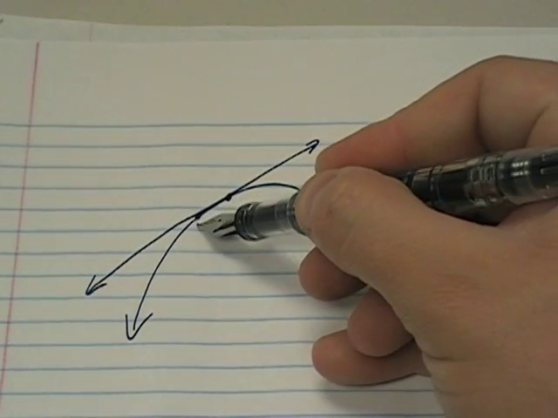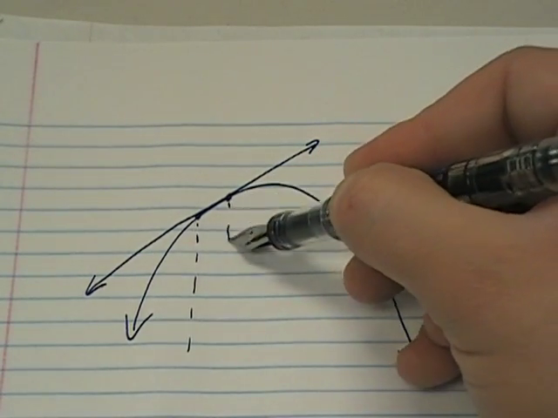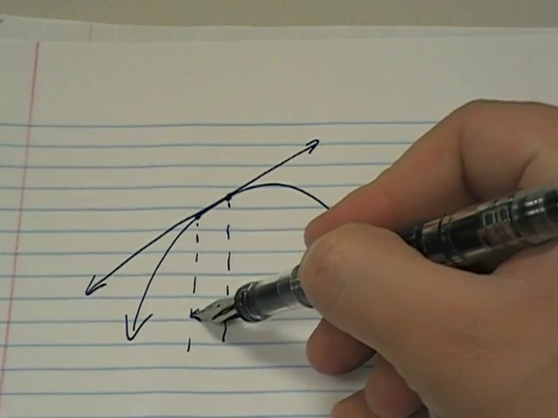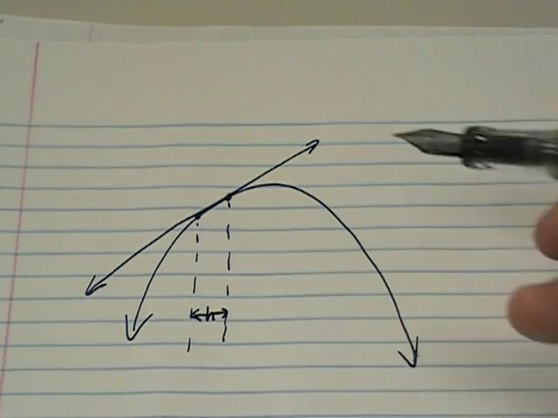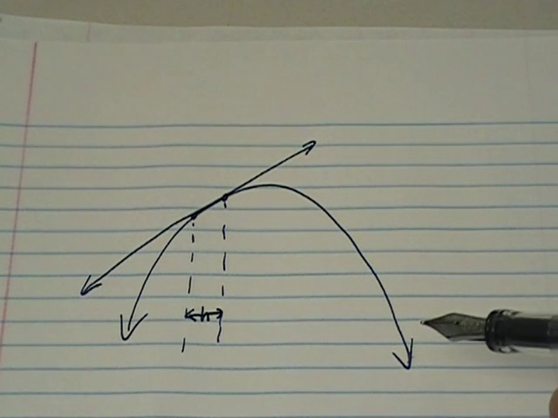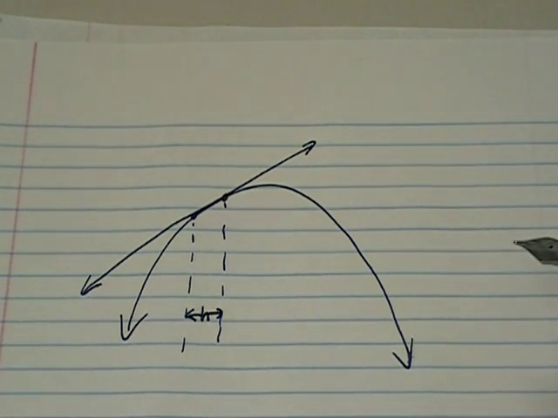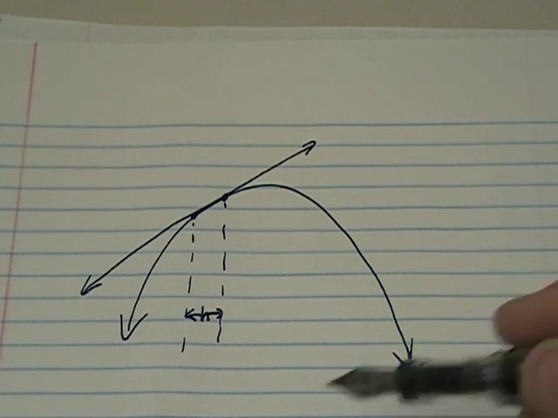Now, the distance on the x-axis between these 2 points we call h, okay? And as h gets smaller and smaller, this becomes more and more accurate as the slope of this curve.